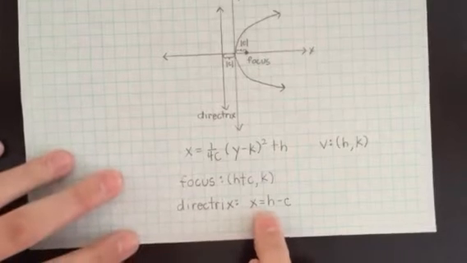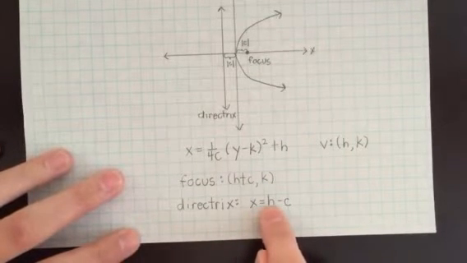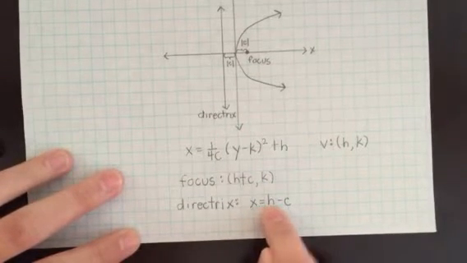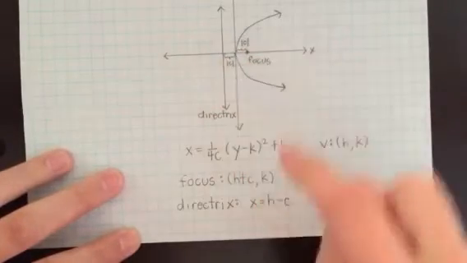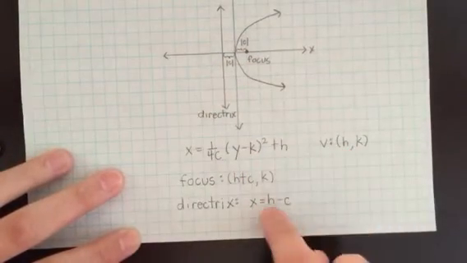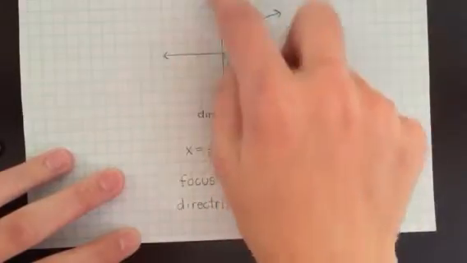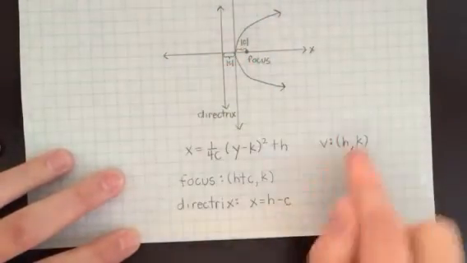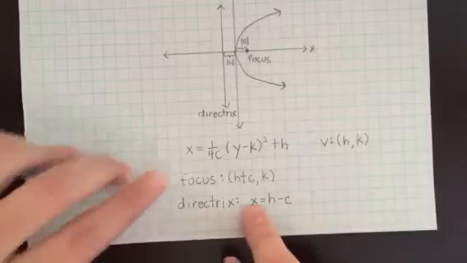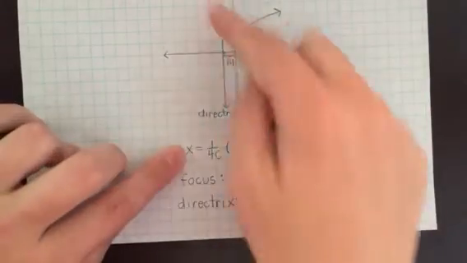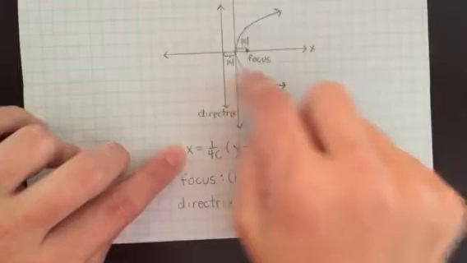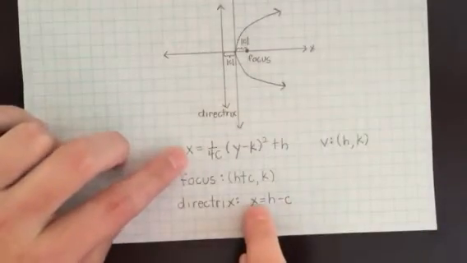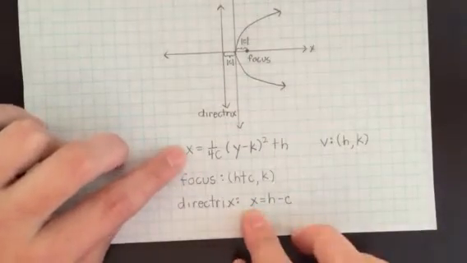And then likewise, to find the directrix, you're going to take the x value of the vertex, and you're going to subtract C because it's on the left side in this case here. So be very aware that these match. Since this parabola is sideways facing, the directrix will be in the form x equals.